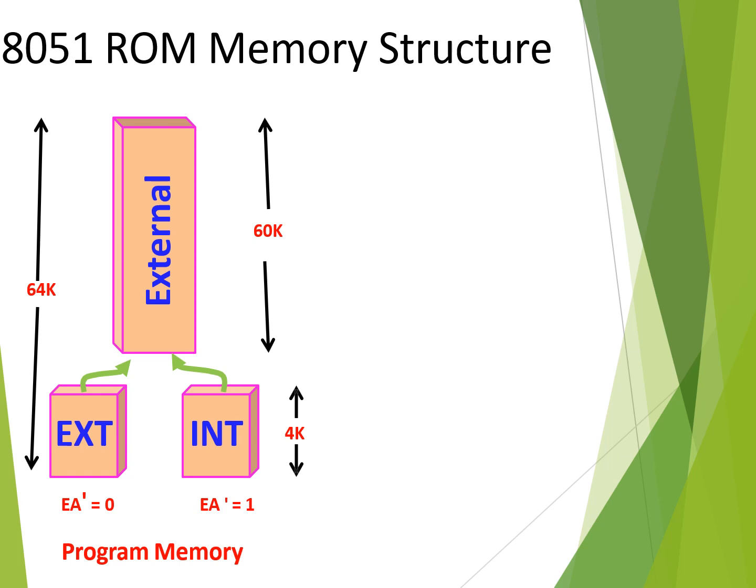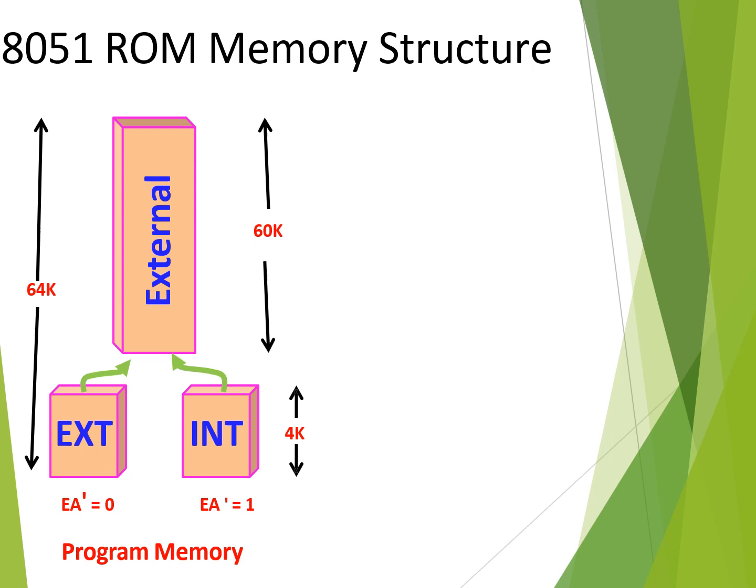We don't have any provision to erase the content of ROM and rewrite it. So the need comes to discard the internally available 4 kilobytes of ROM and to use external memory instead. So these are the two criteria about 8051 ROM memory organization.